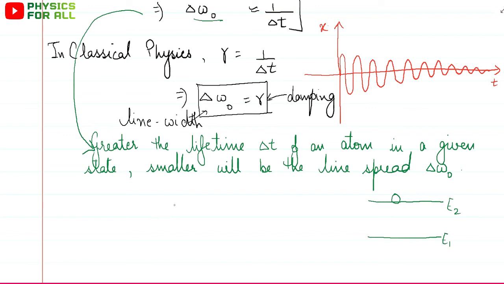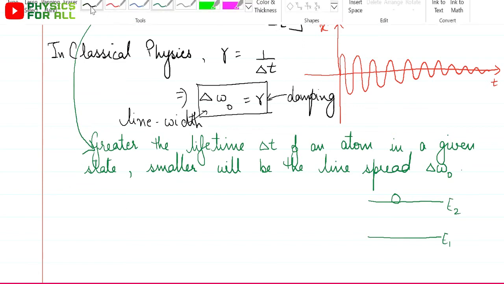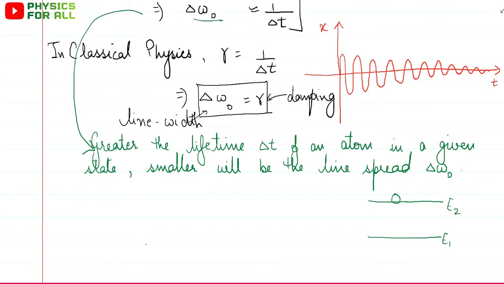So if we have metastable states, they are not totally stable, but they are not quite unstable. They are intermediate states, where the atom stays for longer times.